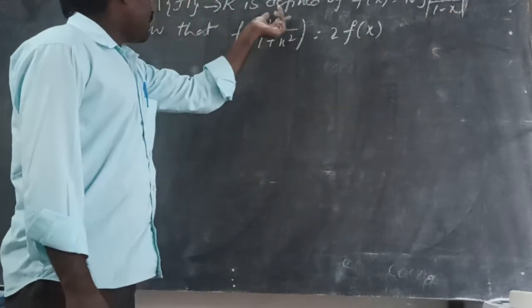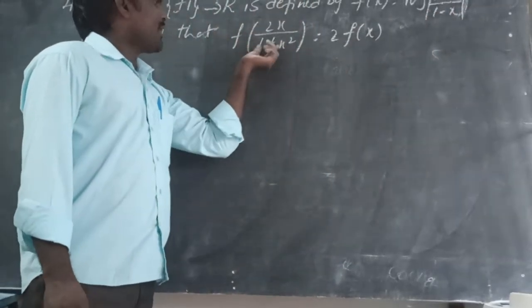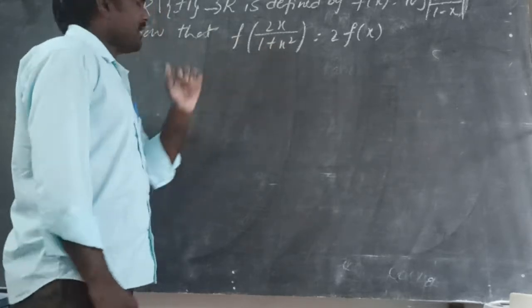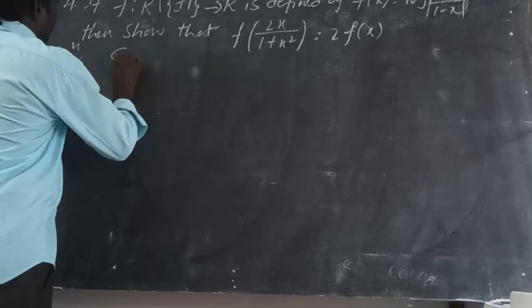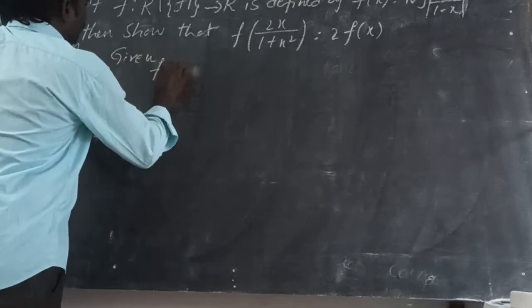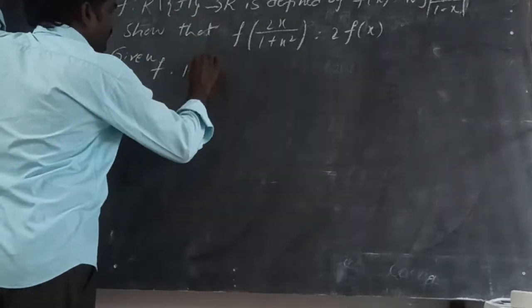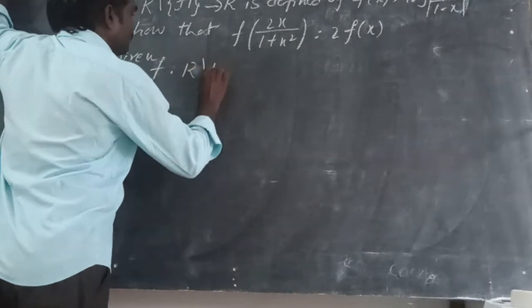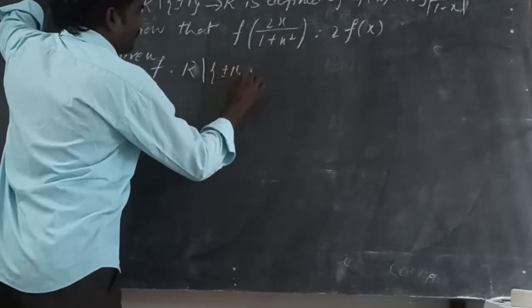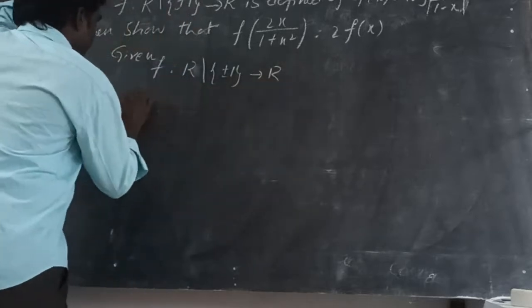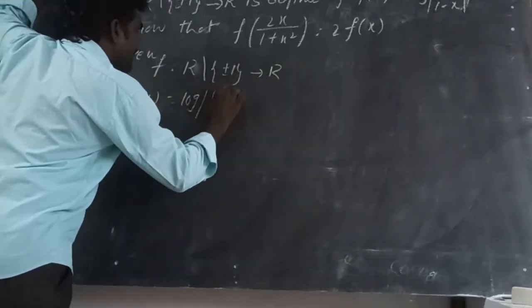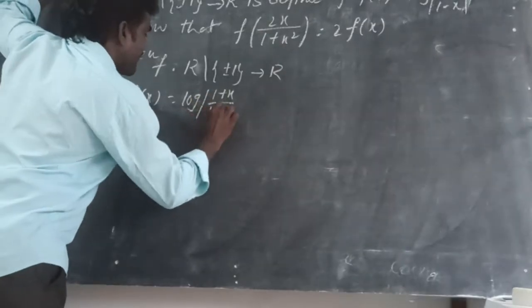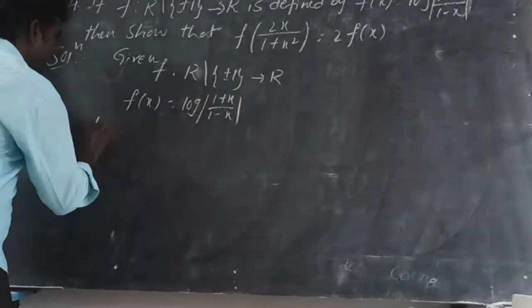So in the place of x, what is there here? 2x by 1 plus x square. Given f from R minus plus or minus 1 to R, f of x is equal to log modulus 1 plus x by 1 minus x. So what is it asking?